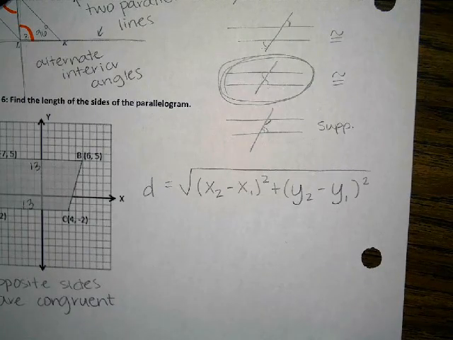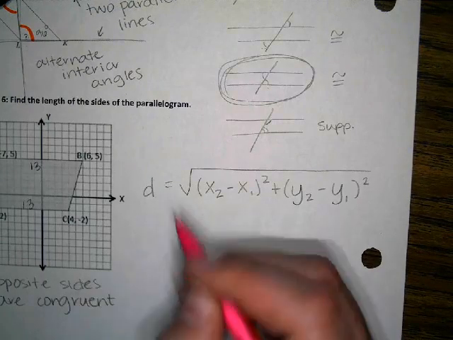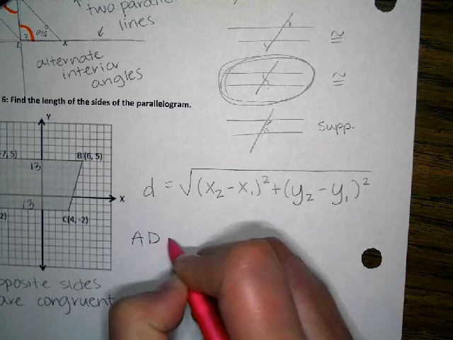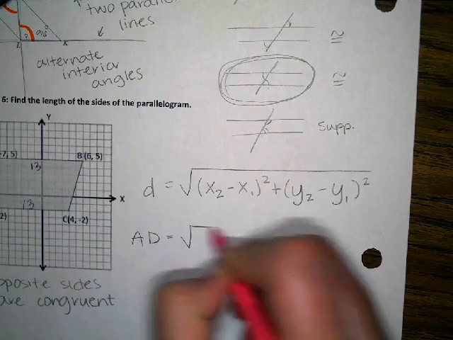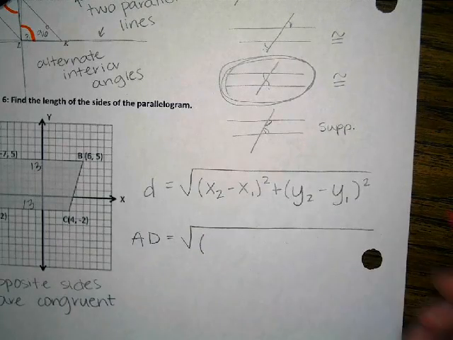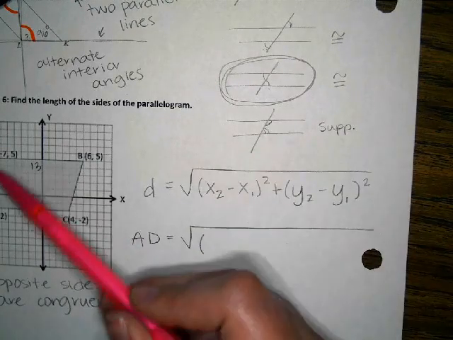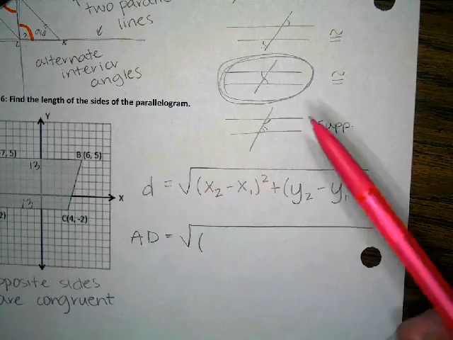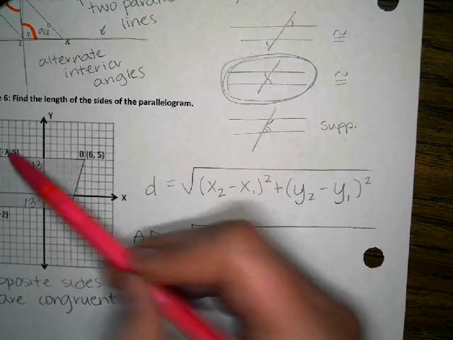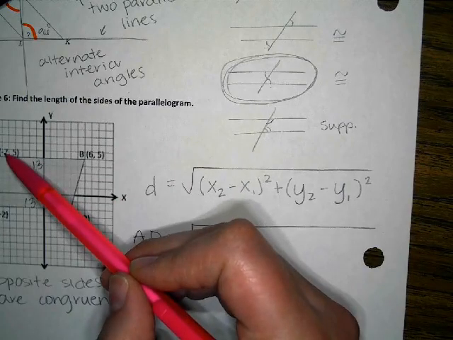So if we want to know the distance from A to D, we're going to have a big square root. And it doesn't matter which one you subtract from which one as long as you are consistent. So for the first one, I'm going to do A subtract D, and then I'm going to make sure I do that with the y coordinate as well.